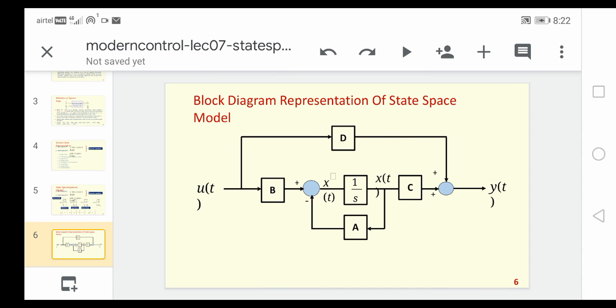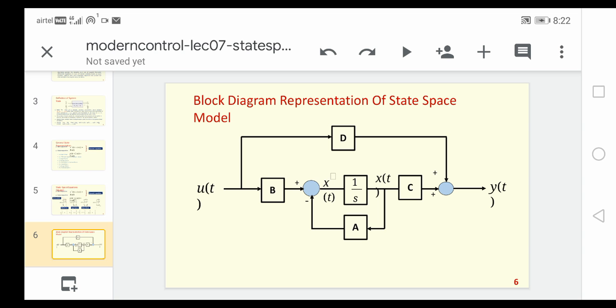Now the block diagram representation of a state model. How do we get the block diagram representation? From x dot of t is equal to ax of t plus bu of t, and y of t is equal to cx of t plus du of t. By using all these equations, we get this block diagram representation.